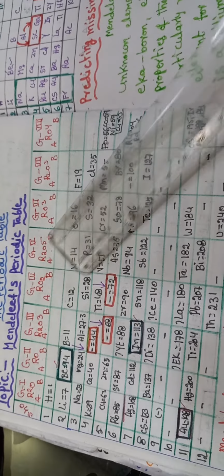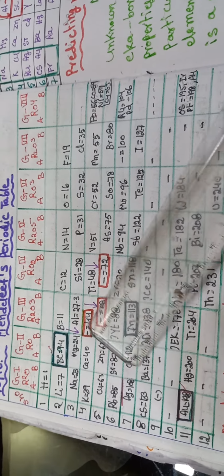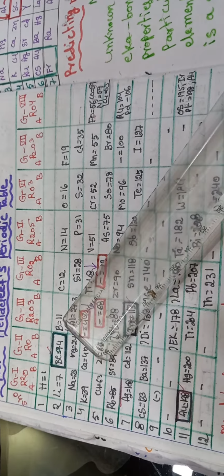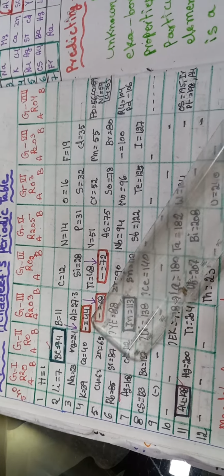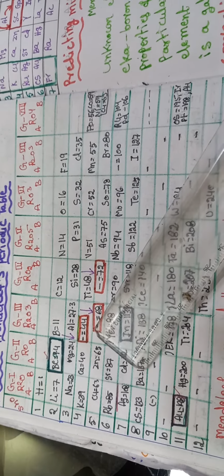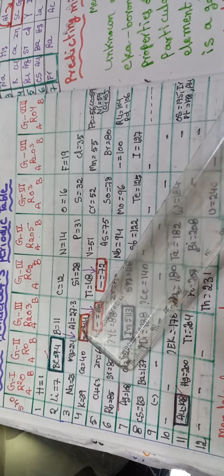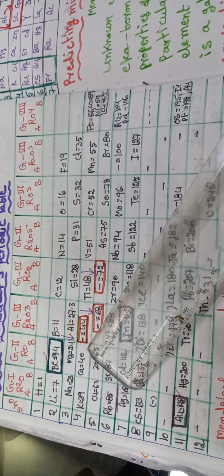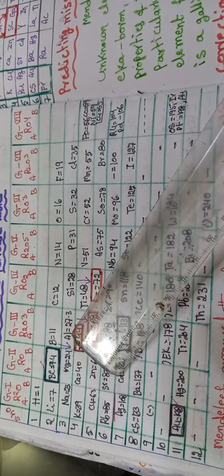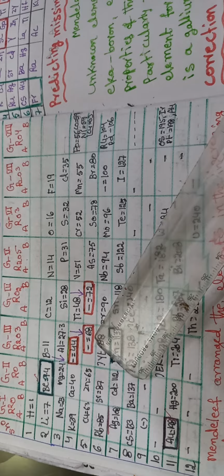Okay, so first, in Mendeleev's periodic table, when we see, after boron there is no element. So Mendeleev gave eka-boron. After aluminium, no element is there, so an unknown element is there. So Mendeleev gave this one eka-aluminium.